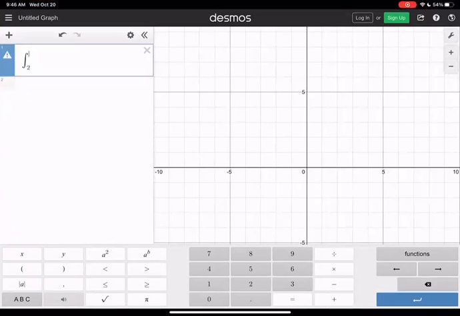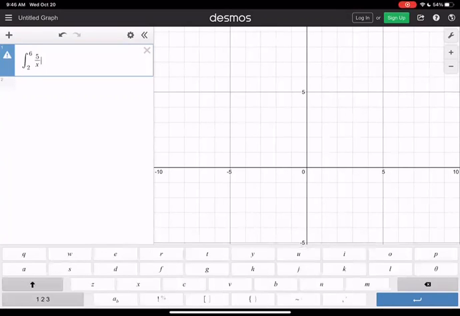Then I'm going to click up to the upper bound and put in 6. Now I'm going to input my function. That's 5 over x, like that. And then I'm going to finish with a dx. I don't even have to press enter. It knows that I'm finished, and it gives me the value of the integral.